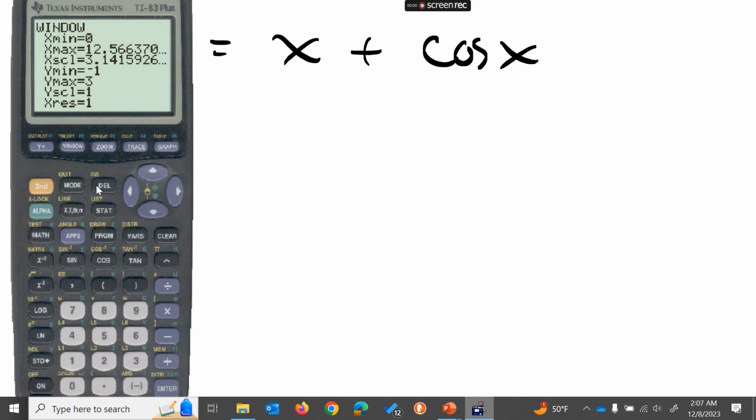So it's still going from 0. So let's go back up to here. We're going to clear this out. We are still in radians, that's good. So x plus cosine of x. Click enter, done. Okay, we're ready for that.